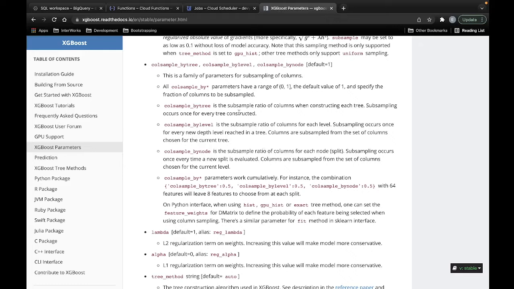And now what you're doing with this parameter is saying that by level, you're going to sample again. You're going to subsample the columns that were available at the decision point previously. You're further restricting yourself, saying, okay, we've hit a new level of the staircase that we're going down.